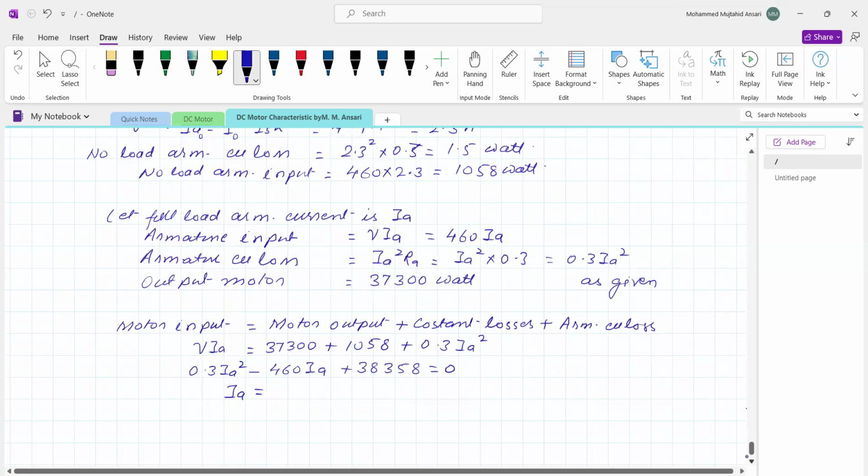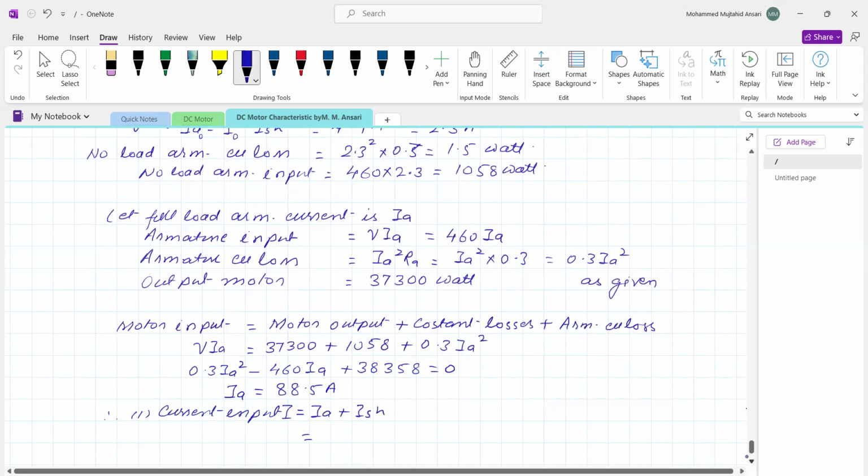So it is a quadratic equation, and by solving it we get two values of Ia. The permissible value is 88.5 ampere. That is the armature current. Therefore, the first part, the current input I, is Ia plus Ish.